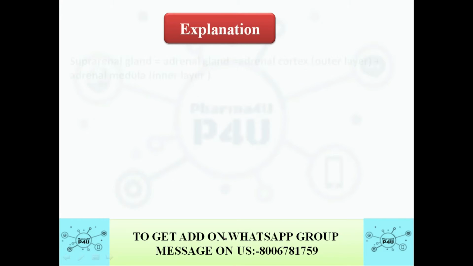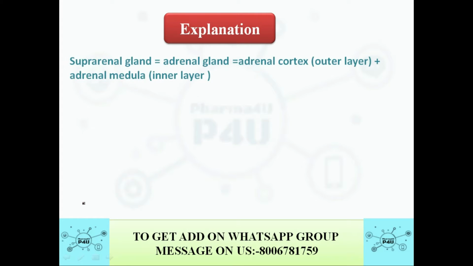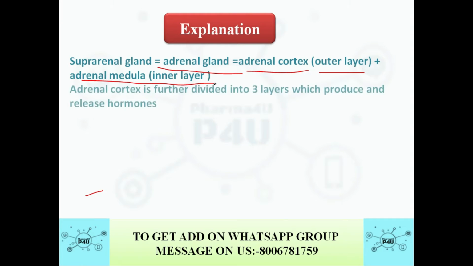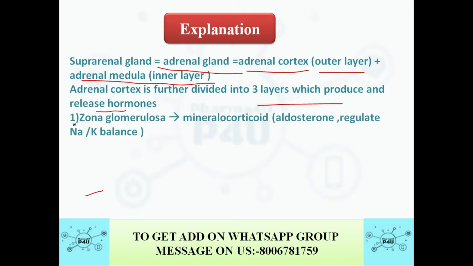First, the suprarenal gland includes the adrenal cortex, that is the outer layer, and the adrenal medulla, which is the inner layer. The adrenal cortex is further divided into 3 layers which release hormones. The first one is zona glomerulosa, which releases mineralocorticoids, that is aldosterone, and regulates sodium potassium balance.